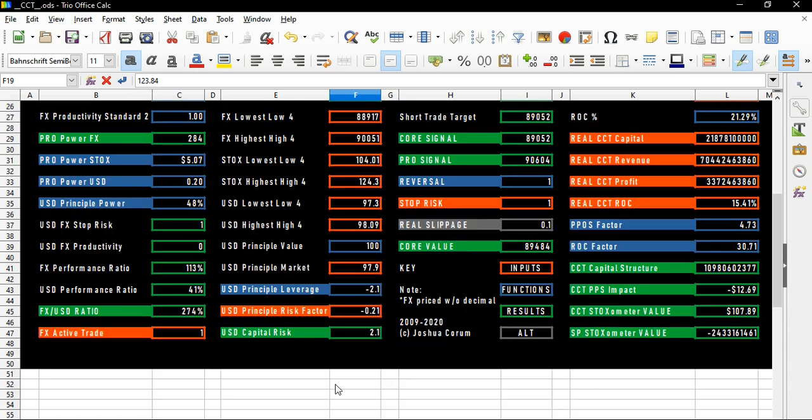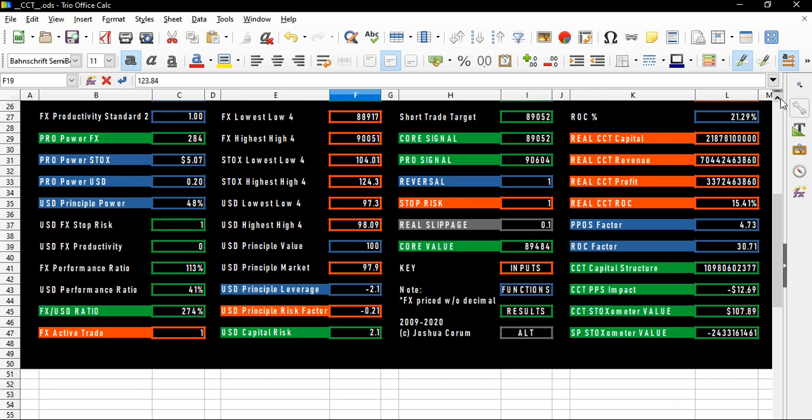And the US dollar capital risk is 2.1%. All right? In other words, that's 2.1% of initial risk when you put the dollar to work. You lose that value. That doesn't mean that the trade moves against you that much. It just means that that's that much risk when you put the dollar to work.